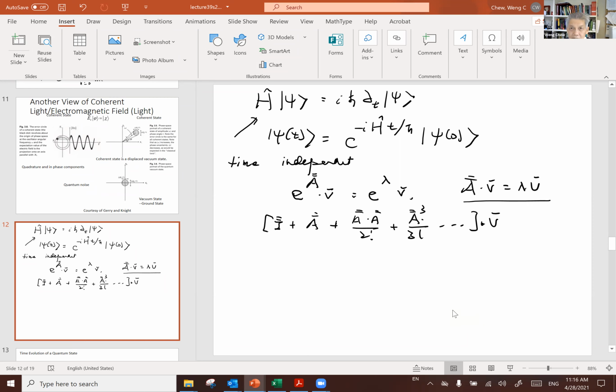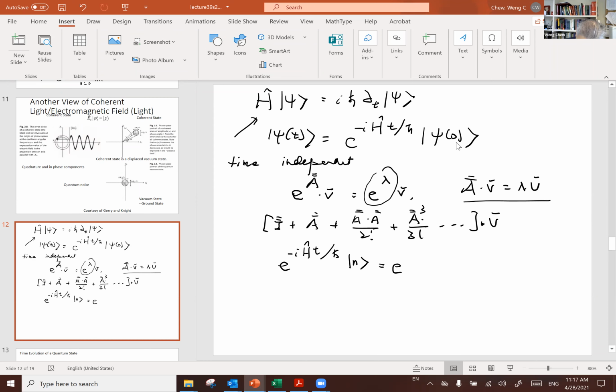So what happens is that this is actually an operator, but if it operates on a quantum state or eigenvector state, for instance, if you have minus H hat t over h bar operating on a photon number state, it will produce a time evolution that is very simple.